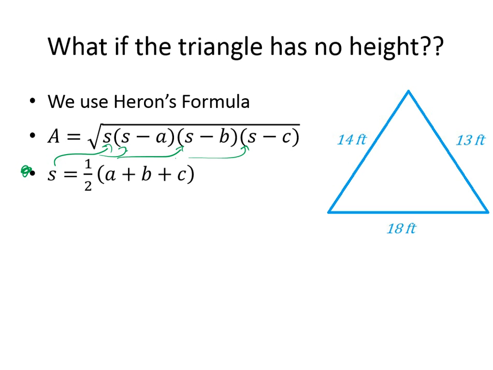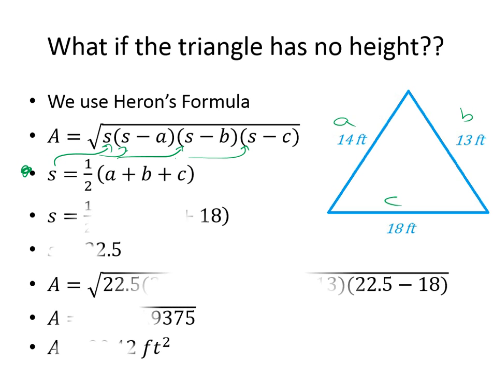So A, B, and C are your sides. So 14 is A, 13 is B, 18 is C. And so what you'll do is you'll add up all the sides, divide it in half, and you'll get a number. And it's always going to be bigger than any of the sides individually.